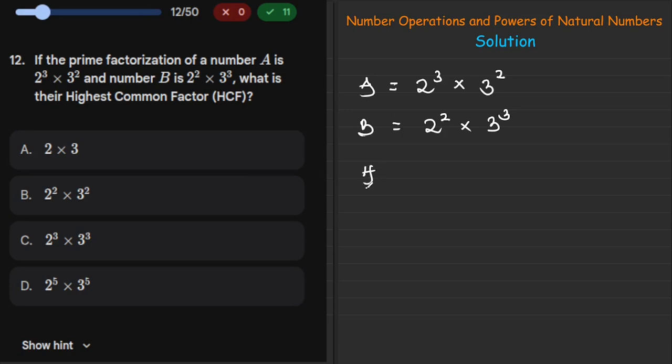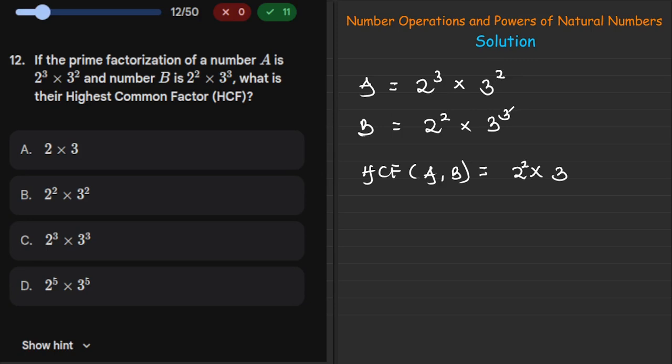So the highest common factor of A and B, we pick 2 times 3. Then we now look for the lowest among these powers. So for 3 here and then 2 here, the lowest is what? 2. We are just going to put our 2 over here.